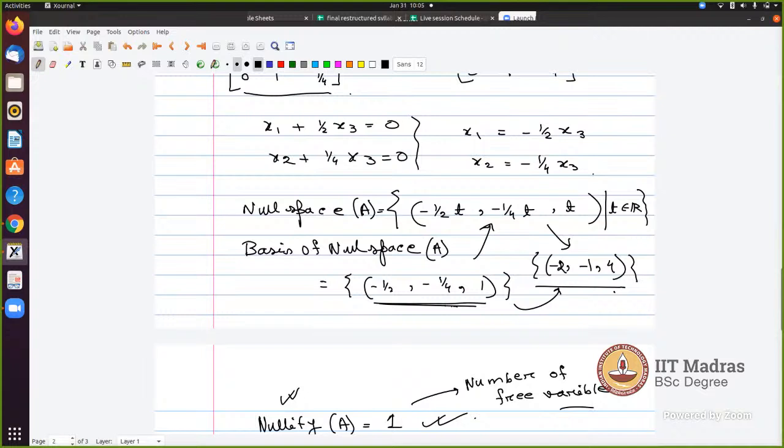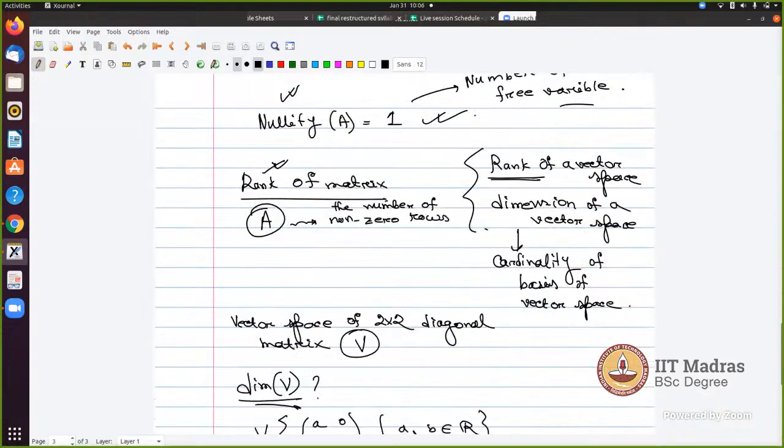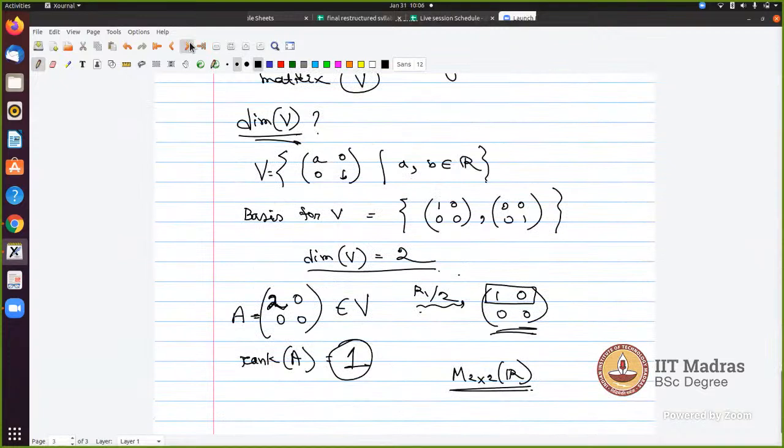And a follow-up question: if we have a basis with dimension 3, then can I say it spans entire R3, or do I need to check some rules? For R3, the dimension will be 3, right? Yes, the dimension of R3 is 3.